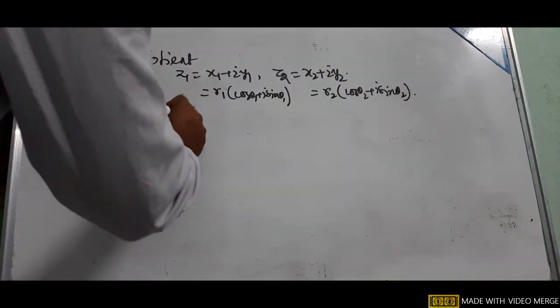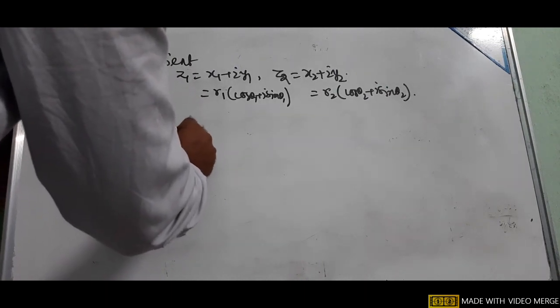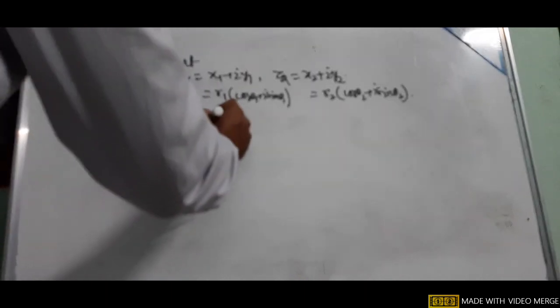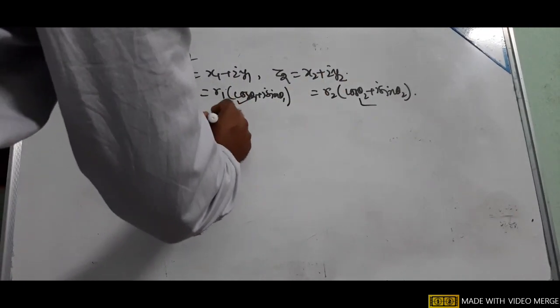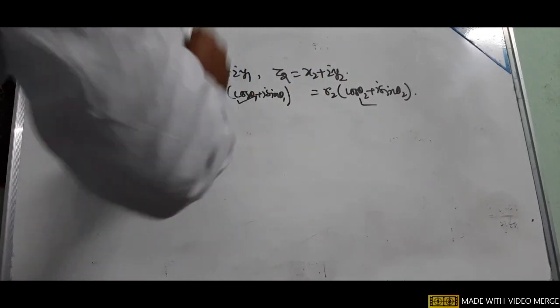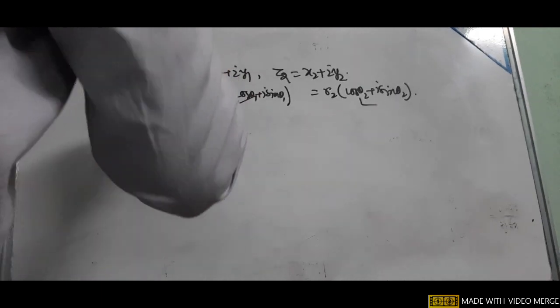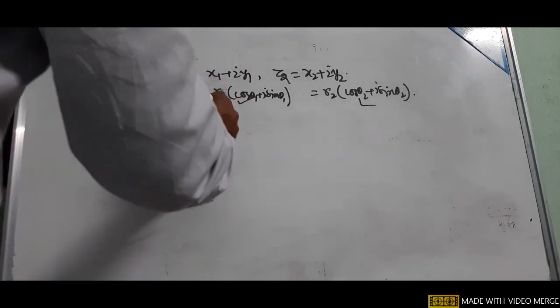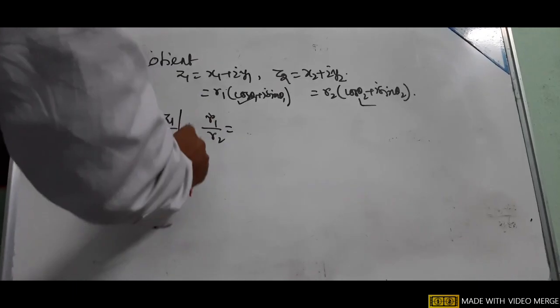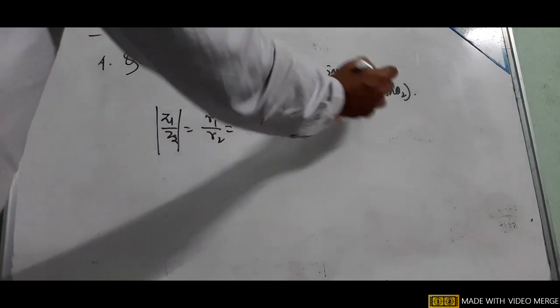So z1 by z2 is equal to r1 by r2. If you take its modulus, then it will be r1 by r2, since this will be 1 and this will be 1.